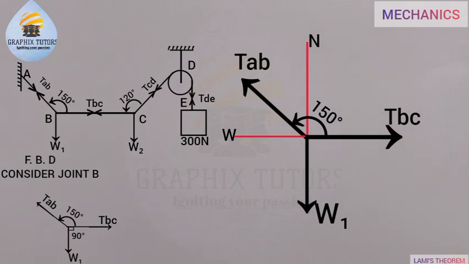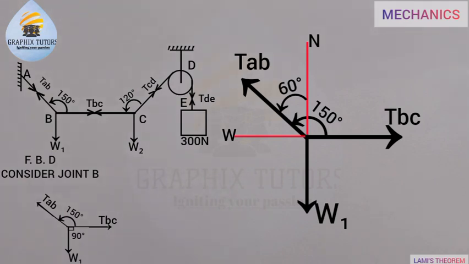And the angle between TAB and the north here will be 150 minus 90, and that will give us 60 degrees. So the angle between TAB and this vertical line here is given to be 60 degrees. Now if you look closely again, the angle between the north here and the west here is given to be 90 also, and we have 60 degrees in between 90.